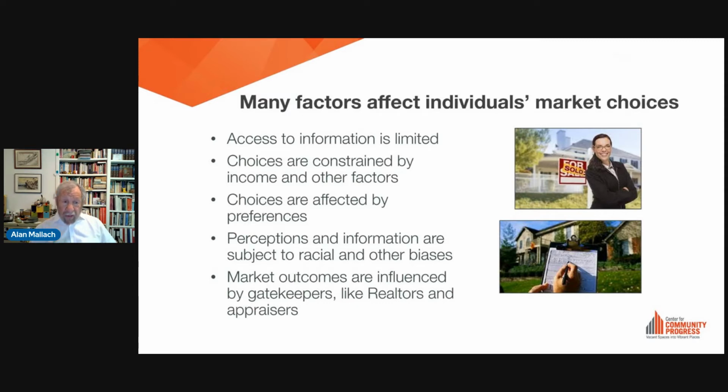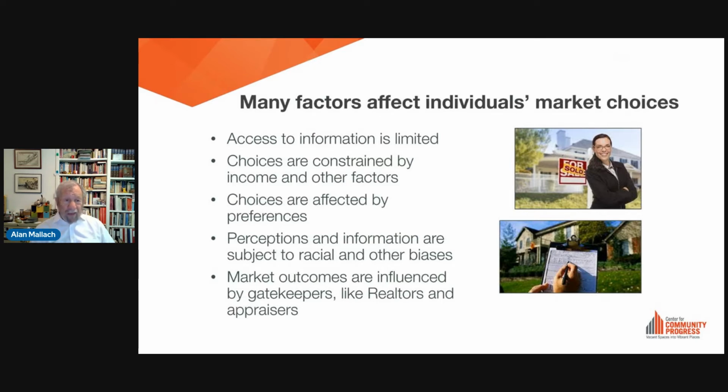It's about individual choices. But here's the crux. One of the big problems, the big issues, is that choices are not rational or based on complete information. So if you think about, and I suspect probably many of the people in the audience at one point have become homeowners. Now, you have only so much information.